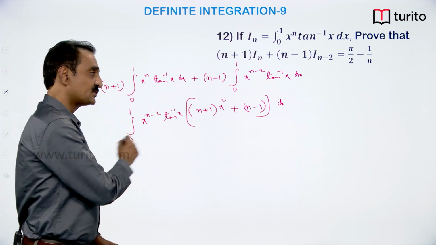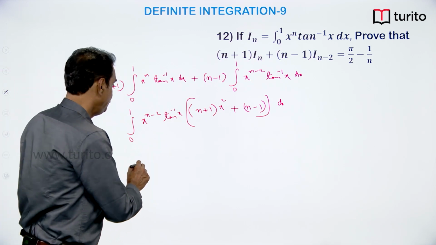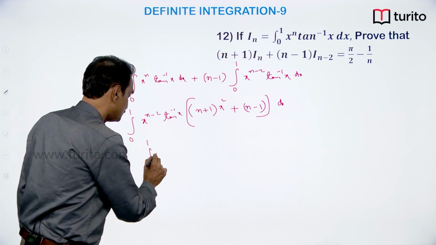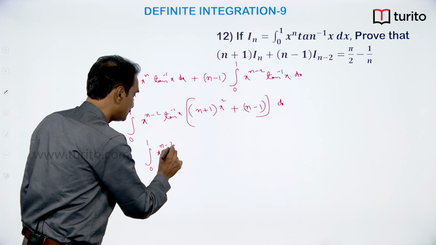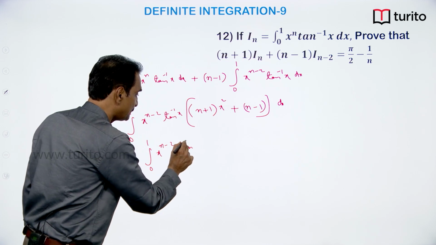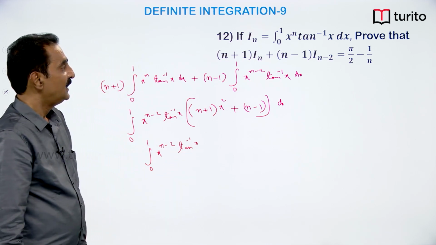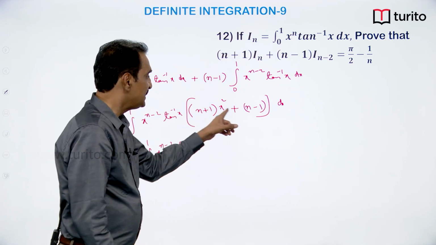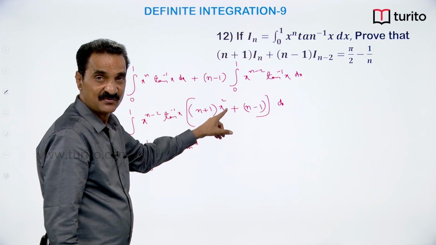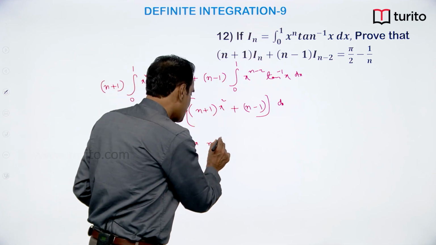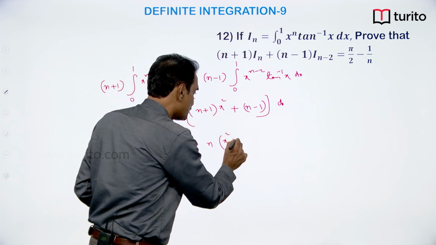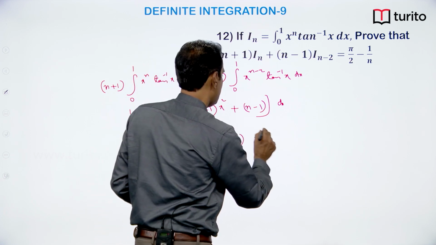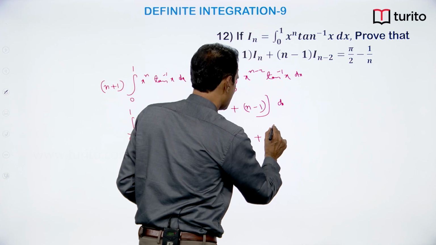Okay. So, now you can write it as x power n minus 2 tan inverse x into nx square plus n, which will be n into x square plus 1, plus x square minus 1.